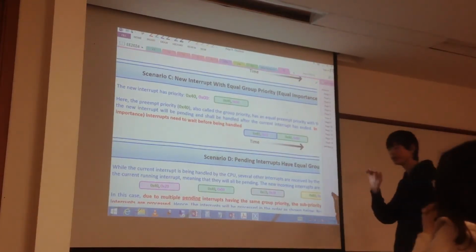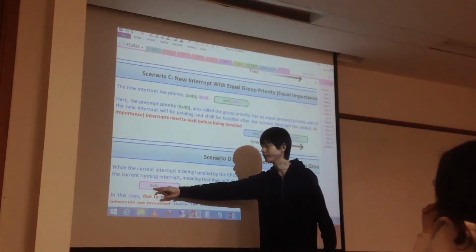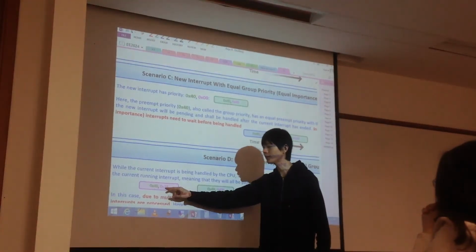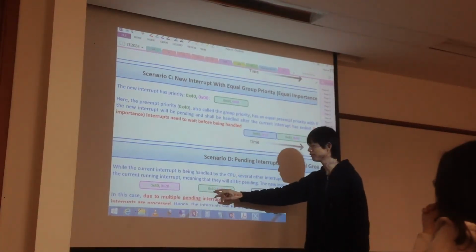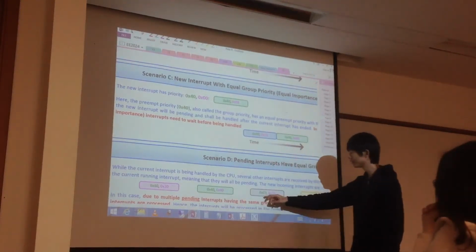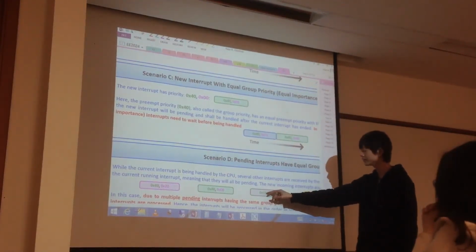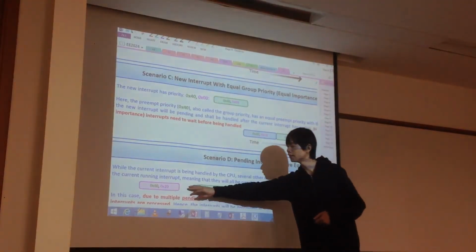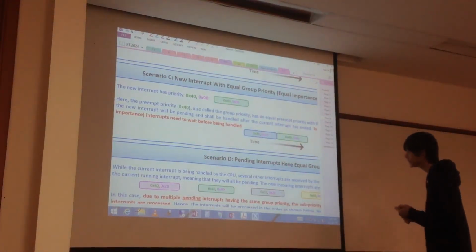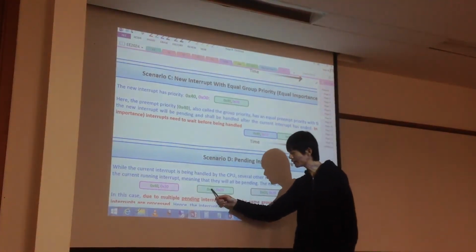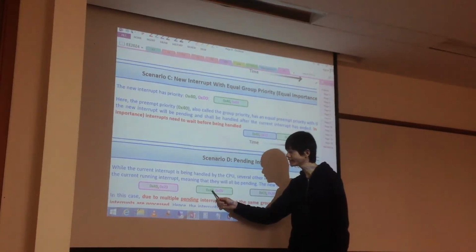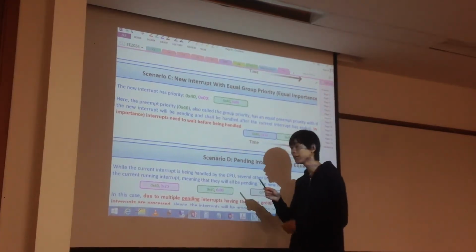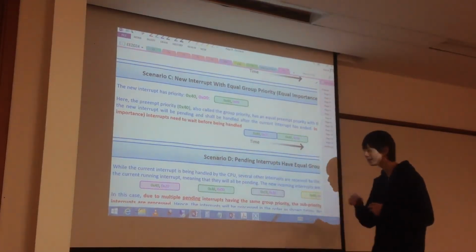Suppose these are the new interrupts which are coming in. A new interrupt with 4020, a new interrupt with 4000, another interrupt with C0, and so on. If you check all these interrupts, you see that the group priority or preempt priority is greater than or equal to the current interrupt priority.